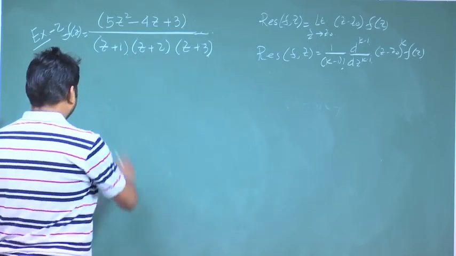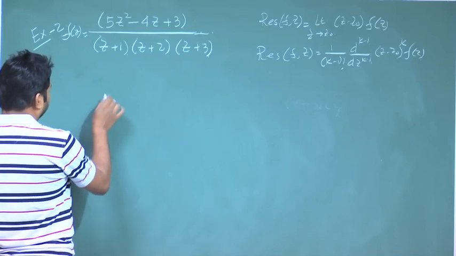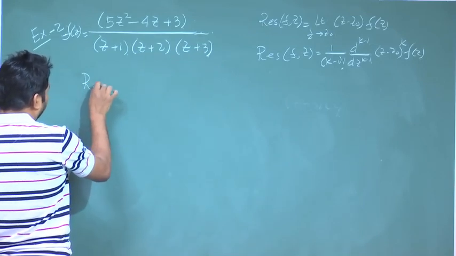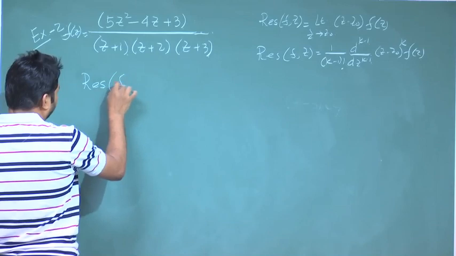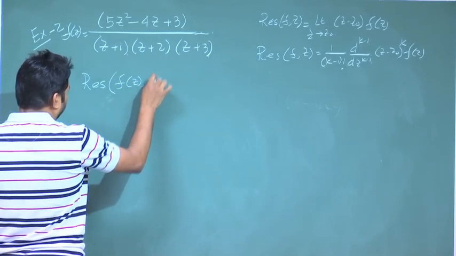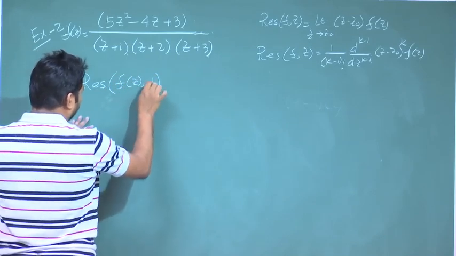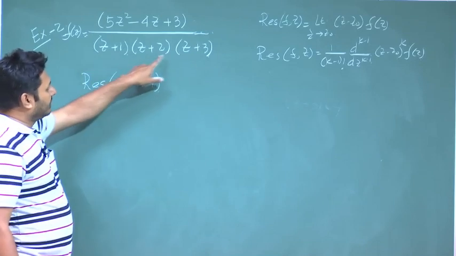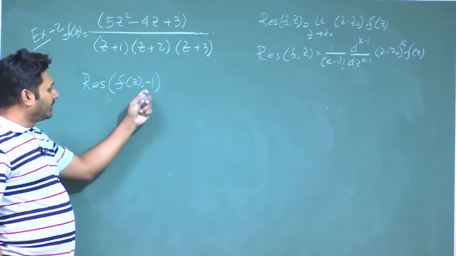This is some sort of exercise, and it is a good exercise. Let us try to find the residue of this function f(z) at the points, mind it, at minus 1, minus 2, minus 3. So, first I find the residue at minus 1.